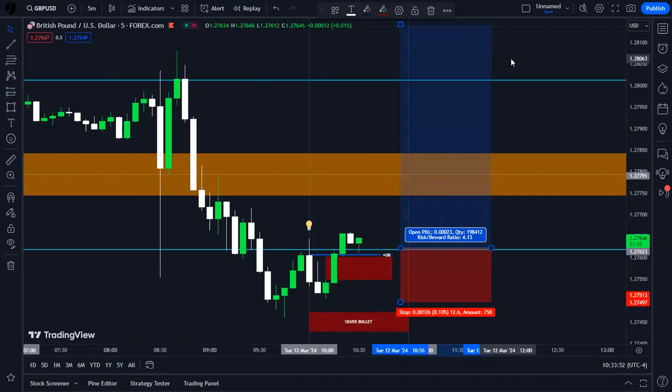Since it's the low of the week, we are going to hold these trades through today, tomorrow, Thursday, and Friday.